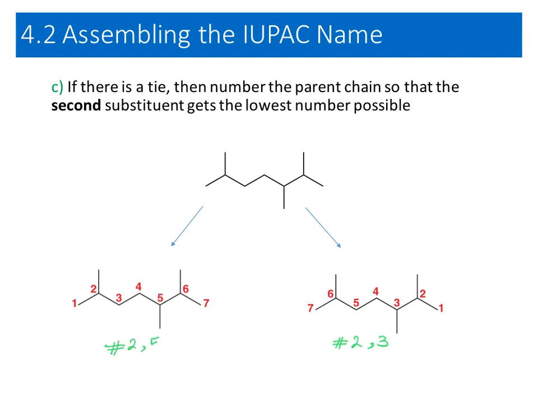So as you can see, we have a tie for the first substituent. Both of them get number 2. Now, for the second substituent, this structure has number 3. This one gets number 5. 3 is smaller than 5, so this is the correct way of numbering.